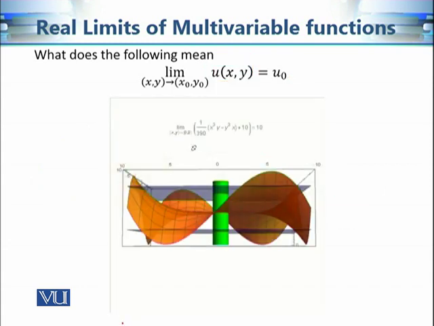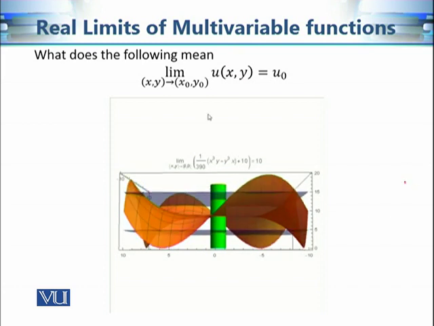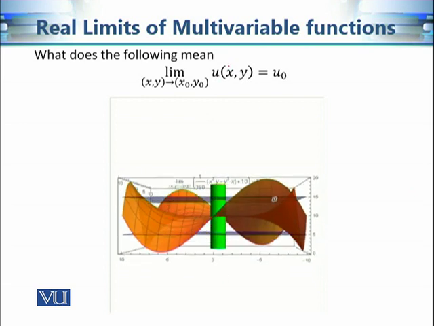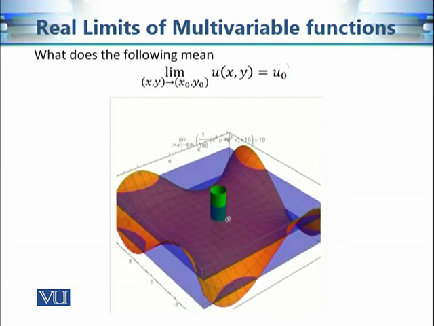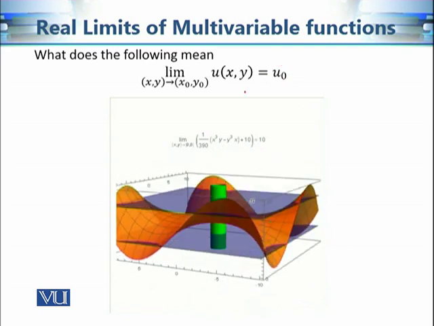Okay. Now, what does it mean geometrically? It means that let's say this light brown is the surface, the graph of this function u of xy, and we want to see if the distance between functional values and u0 is less than some prescribed value epsilon.